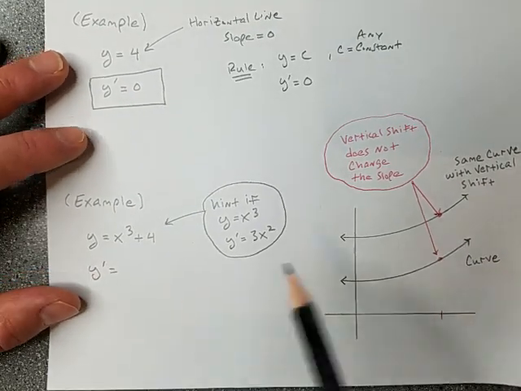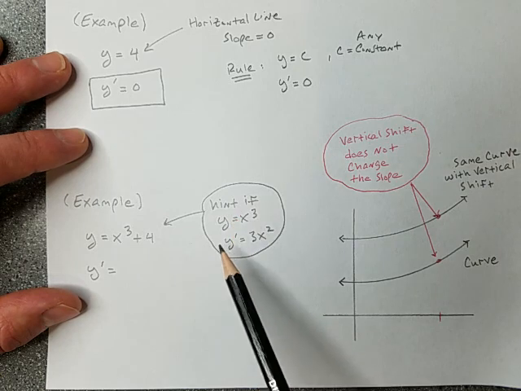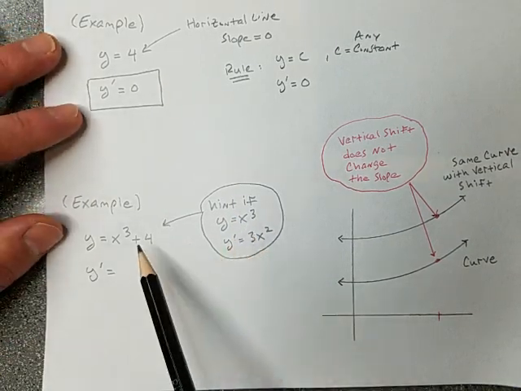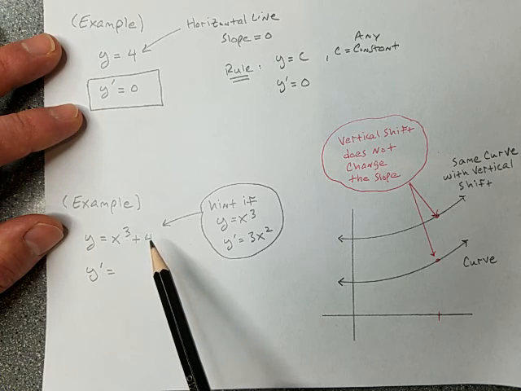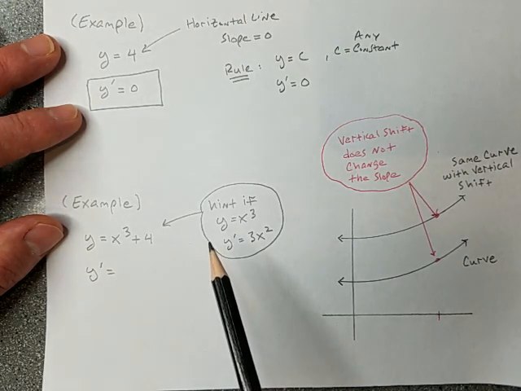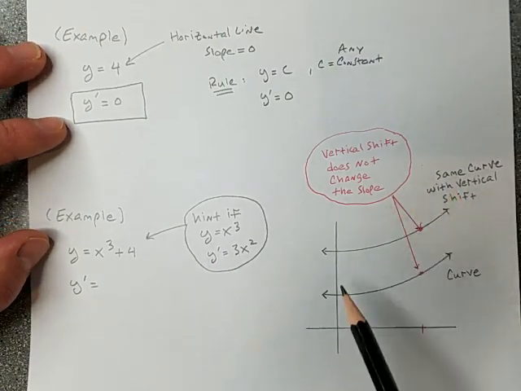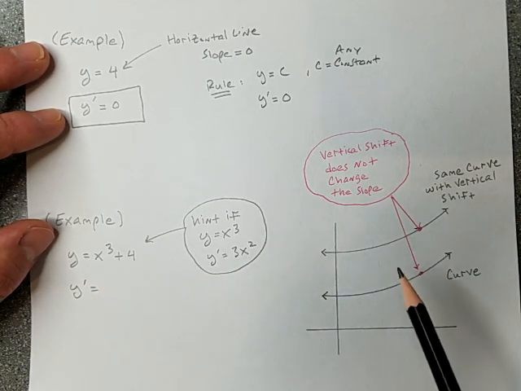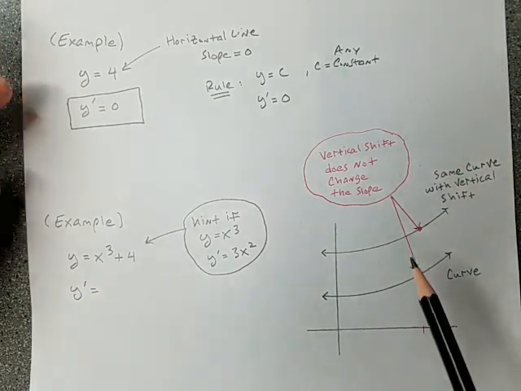So if you happen to know the derivative of some curve by itself, say x to the third power, that's a vertical shift of 4 units upward. Any vertical shift, upward or downward, would not change the slope of the curve, all right? There's my sketch to tell you that, or you can see it. This is not the graph of x to the third power, but, you know, whatever. If there's a vertical shift, it's not going to change it.